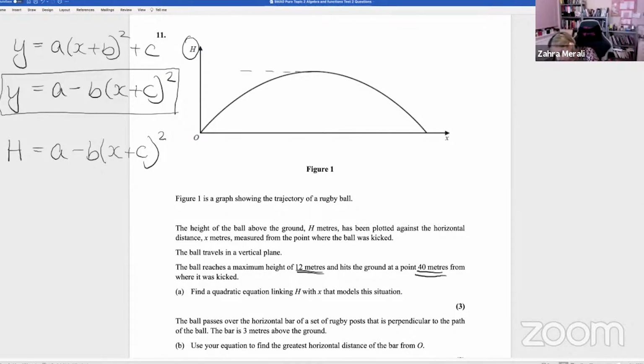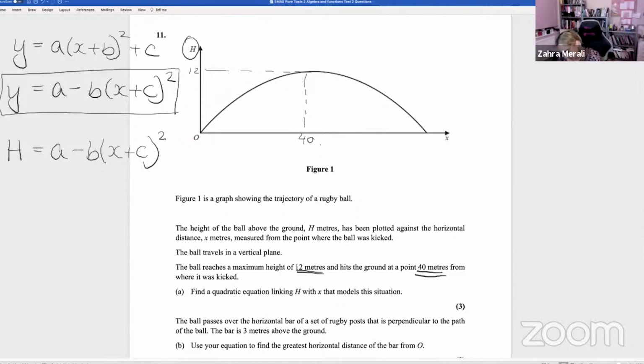So we know the h is 12 and this is 40. So that means I can substitute in my values. So I can straight away see that I'm going to have inside my completed the square form, if you like.